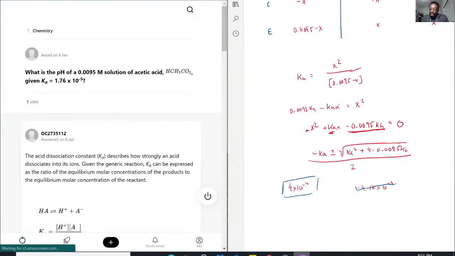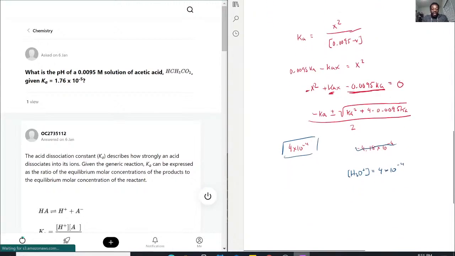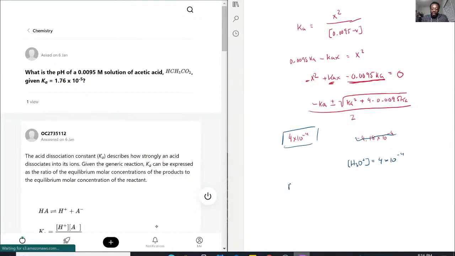So that means x is equal to that, but that more importantly means that the concentration of H3O plus is equal to 4 times 10 to a negative 4. So now what does it mean for pH? For this, we have to use our formula of pH is equal to negative log of H3O plus. So let's go ahead and do that.